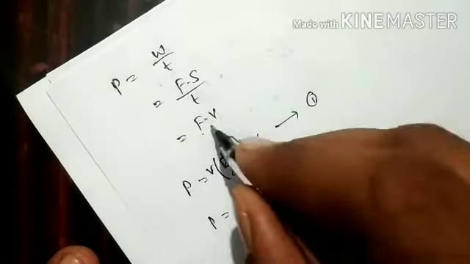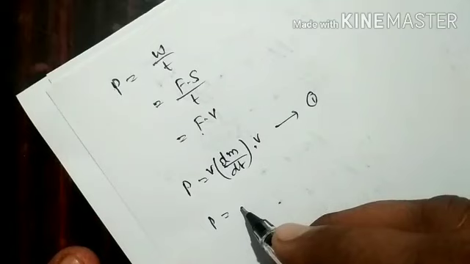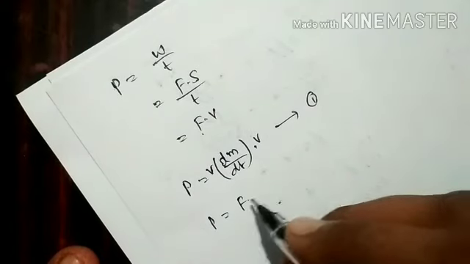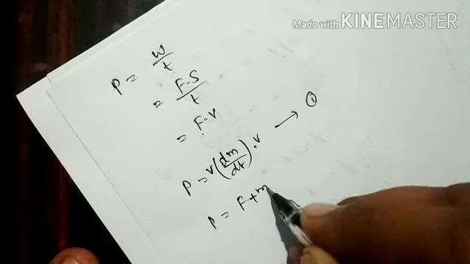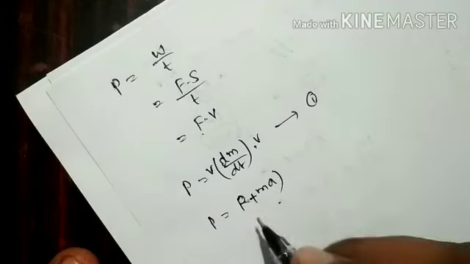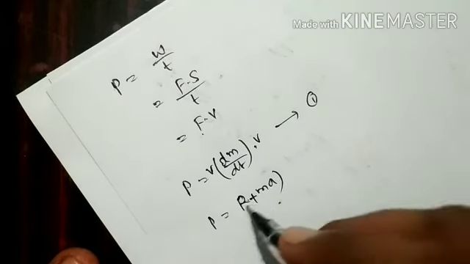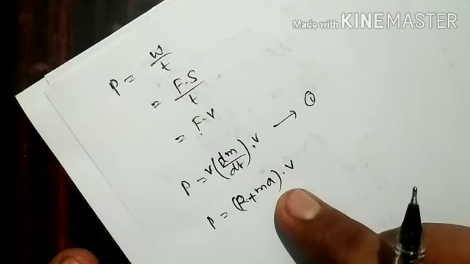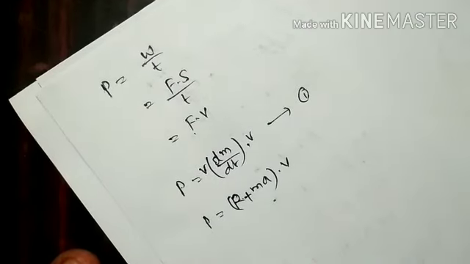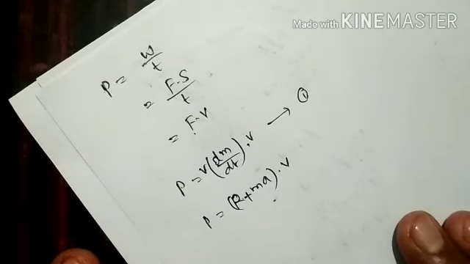So if a car is considered, the net force is equal to force applied by the engine, or you can write resistance plus ma, into v. This is the net force: resistance offered plus mass into acceleration. That is the force acting on that, so that the body is acquiring that acceleration.